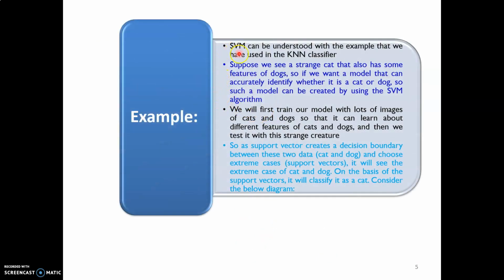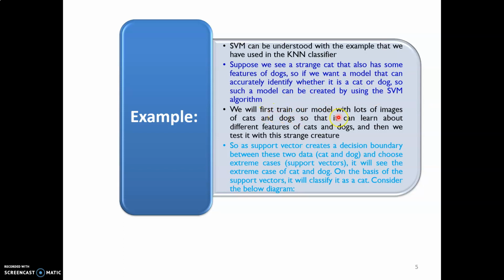Then one more example. Here SVM can be understood with the example that we have used in the KNN classifier. Suppose we see a strange creature that also has some features of dogs. So if we want a model that can accurately identify whether it is a cat or dog, such a model can be created by using the SVM algorithm.